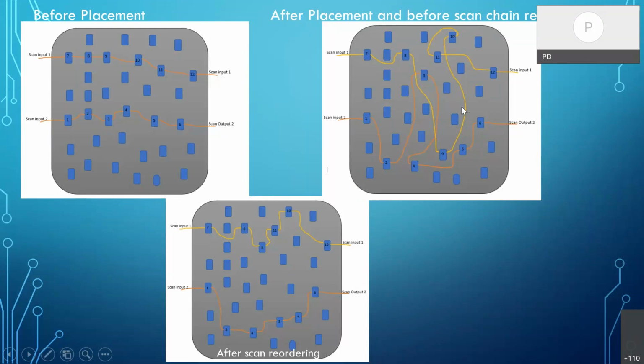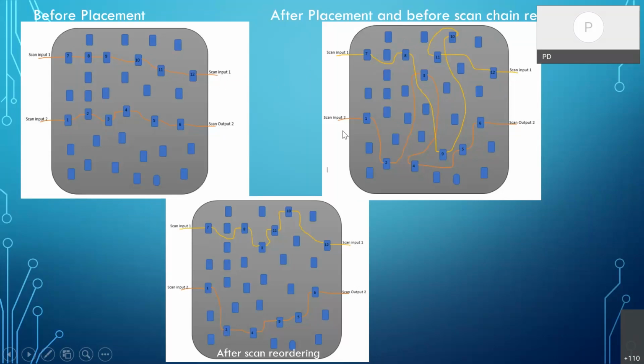But when it comes to placement, the tool will place it in a timing-better position. If this flop placed here will converge my timing, then the tool will place it here, or we will give some constraints and place it this way. If at that time we still follow this scan chain ordering, we are unnecessarily utilizing so much routing resource.